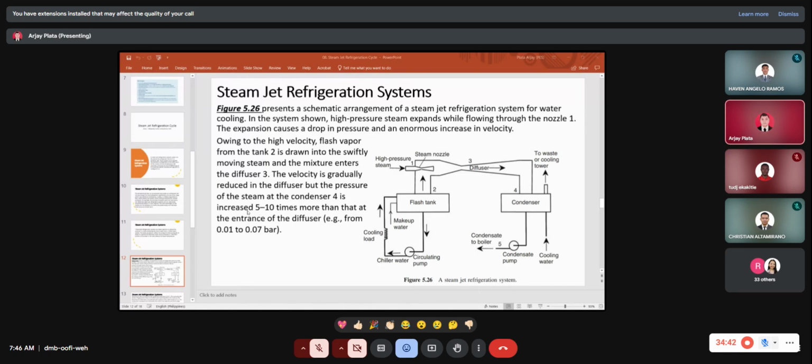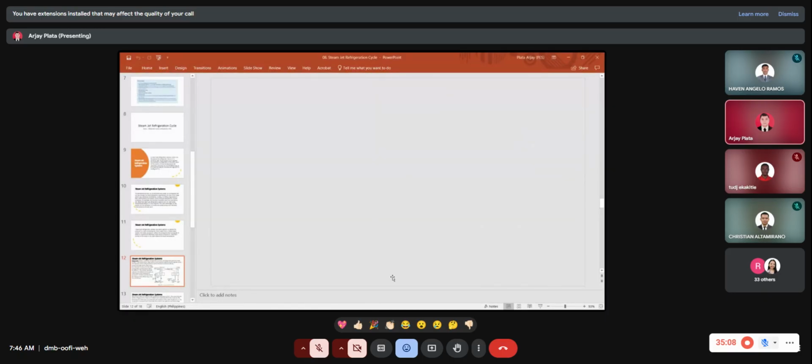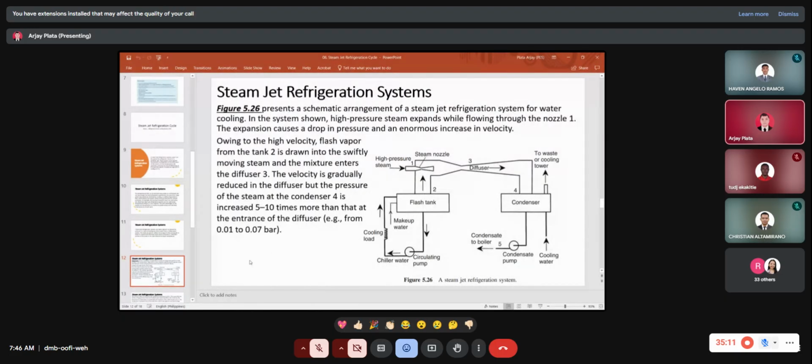So for example, the velocity is gradually reduced in the diffuser, but the pressure of the steam at the condenser is increased 5 to 10 times more than that at the entrance of the diffuser, from, let's say, 0.01 to 0.7 bar. Okay. So after the diffuser, we have the condenser.